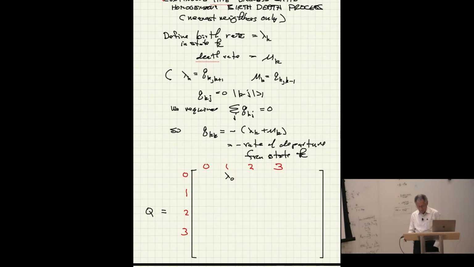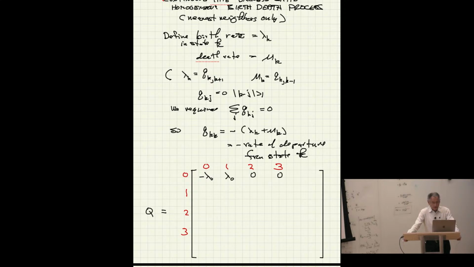What are the other terms in that zeroth row? Not 1 minus. The suggestion was that this quantity here is 1 minus lambda 0. But no, lambda 0 is not a probability. It's a rate. And remember, the sum of the rates on any row is 0. So what should this element be? Minus lambda 0. All these others are 0. You can't go to higher number states when there's nobody there in delta t seconds.